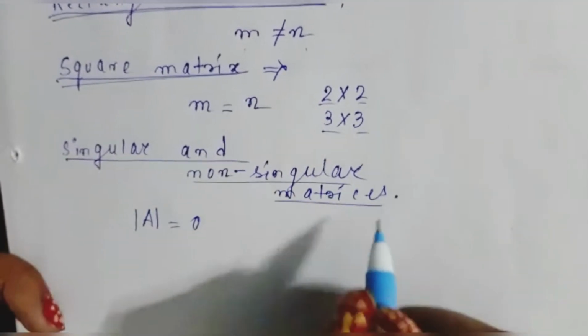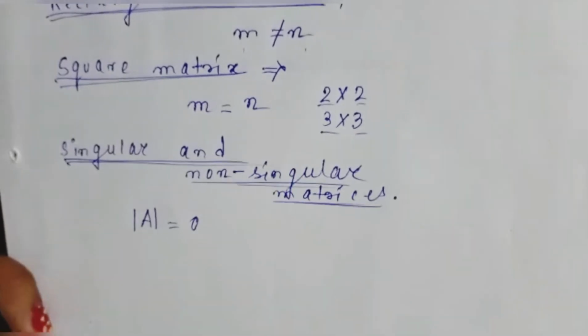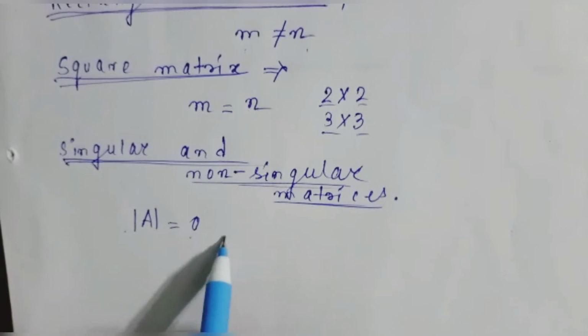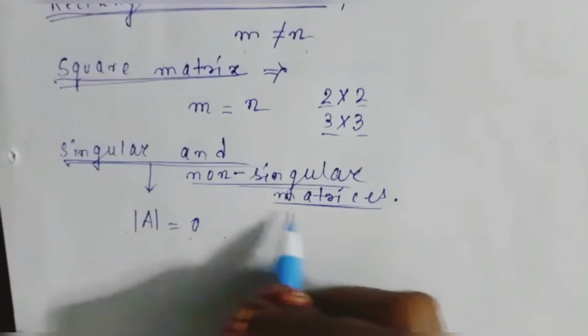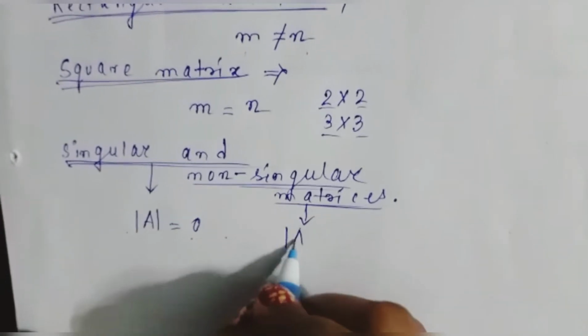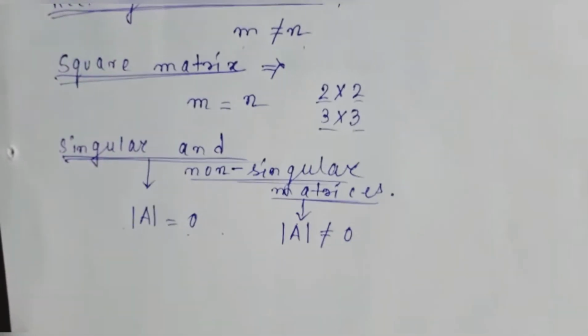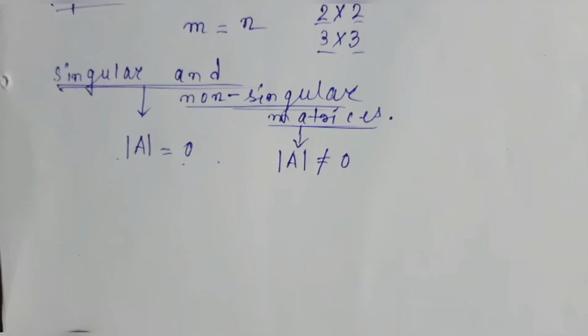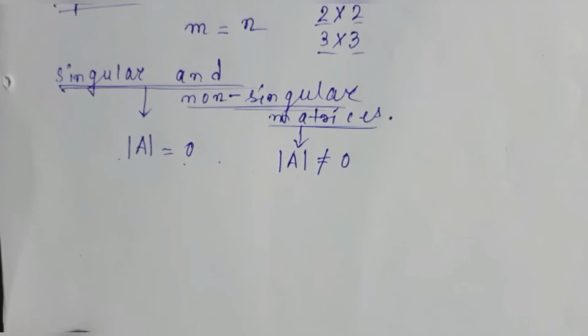When it is not equal to 0, you have a non-singular matrix. Similarly, you have equality of matrices, when two matrices have the same number of rows and the same number of columns.